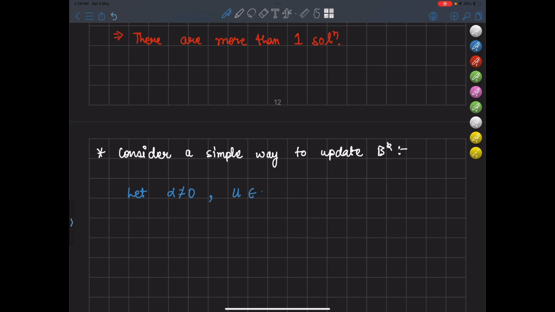Let u be a vector from Rn, and u should not be a zero vector. Okay, then if we take bk plus 1 as bk plus alpha u u transpose, note that bk plus 1 is symmetric. This is given to us. This is symmetric positive definite, right? Alpha is some real number, and u transpose. What is u transpose? So let's see what u transpose is.